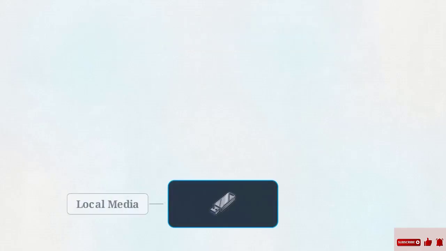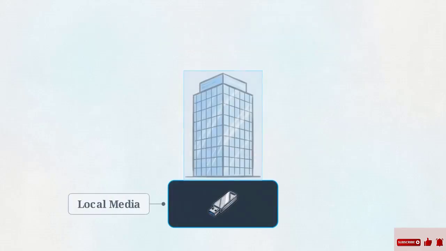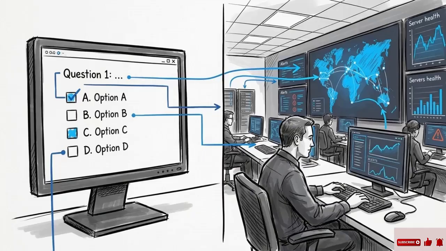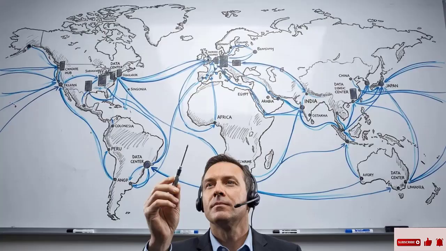To understand how these environments are built, we are going to construct this deployment continuum from the ground up, starting with local installation media and scaling to enterprise cloud frameworks. Passing the MD 102 exam and operating effectively in enterprise IT requires mastering both the mechanical execution of these installations and the architectural knowledge of how to scale them.